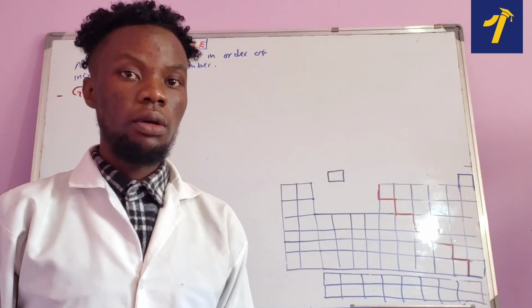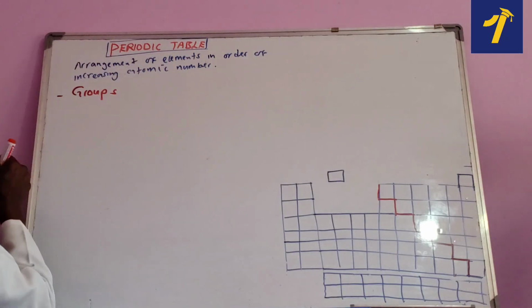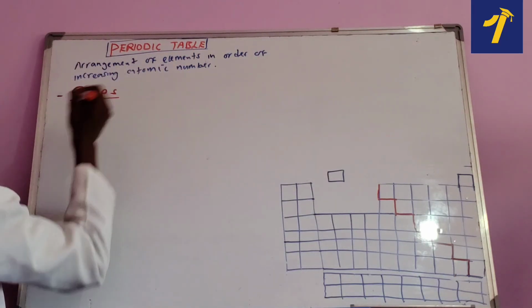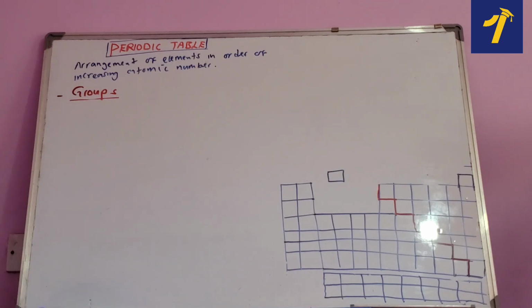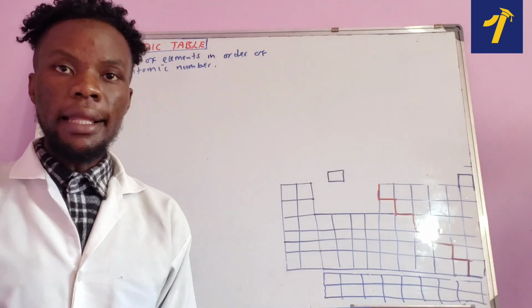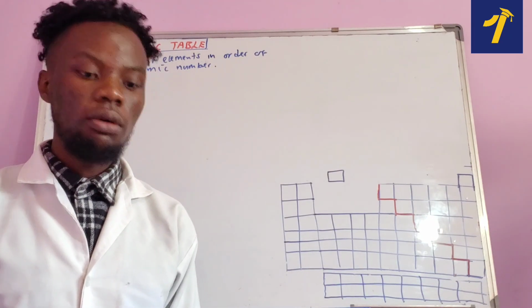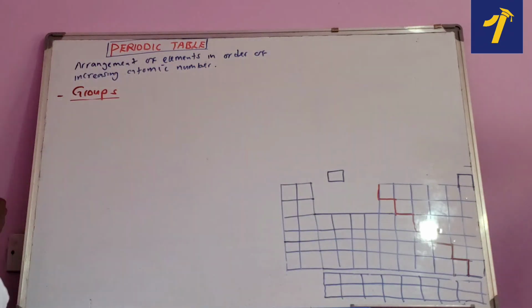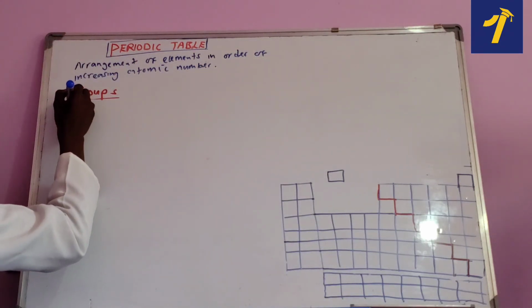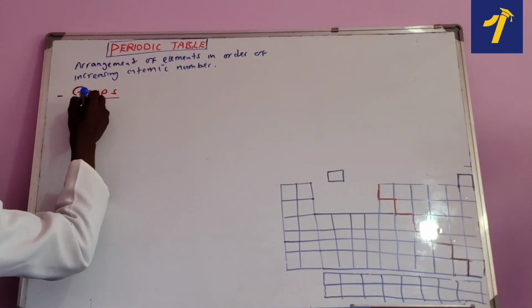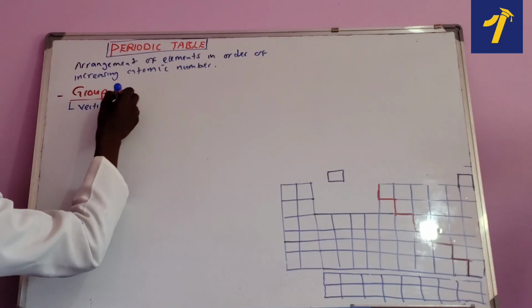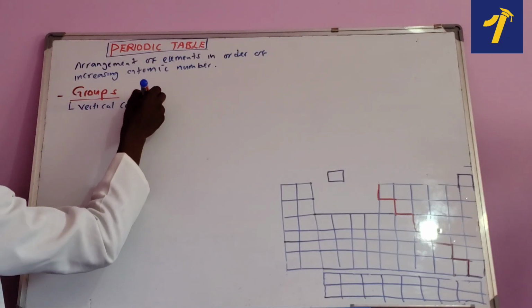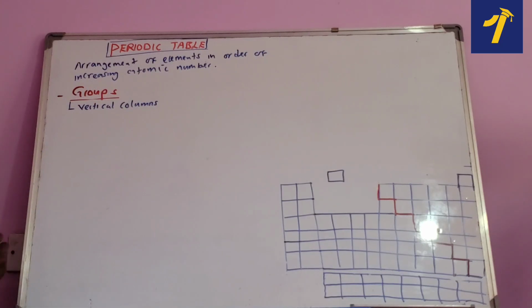Now let's talk about the groups. So what are the groups? We say these are vertical columns.